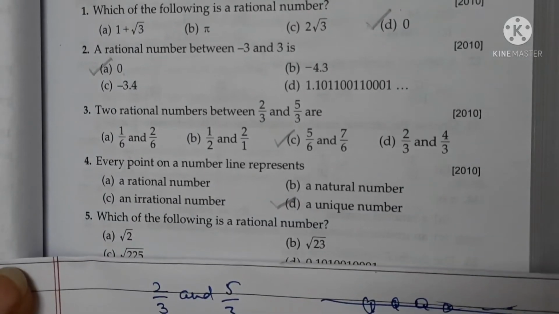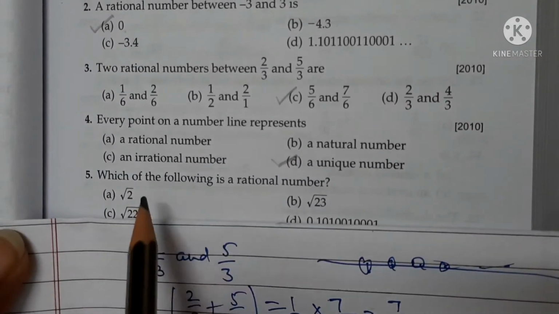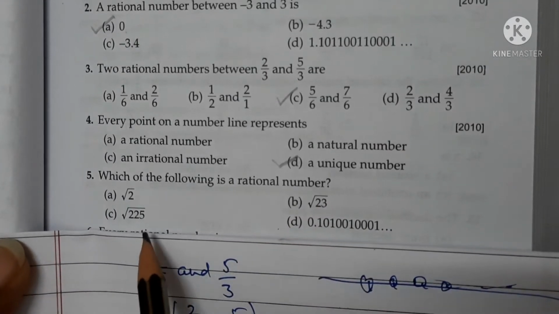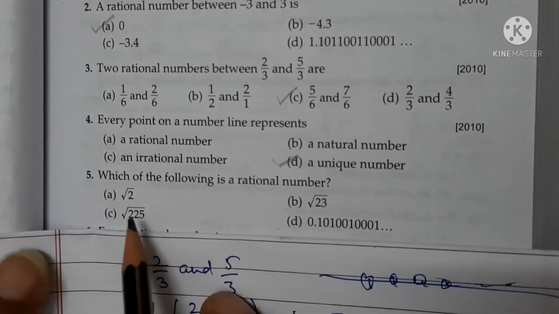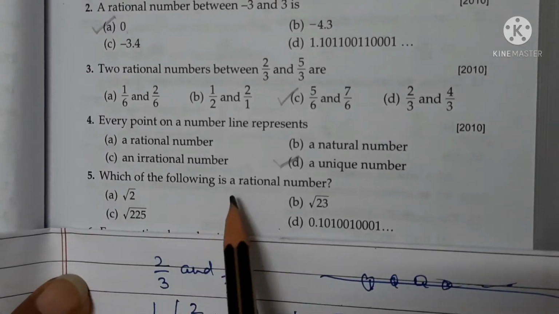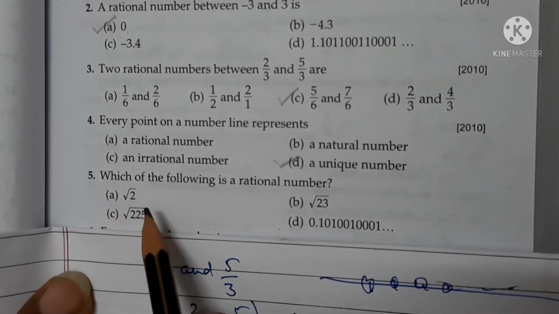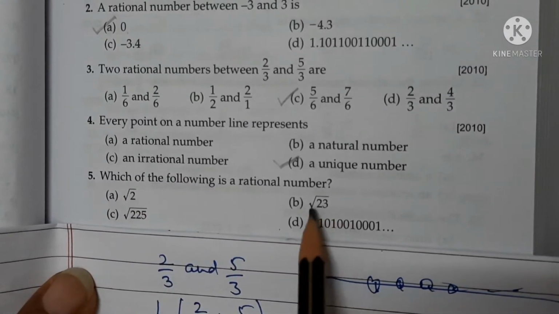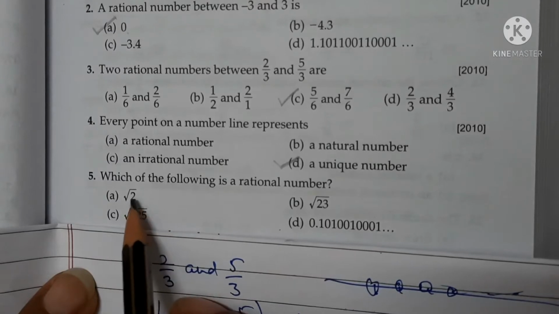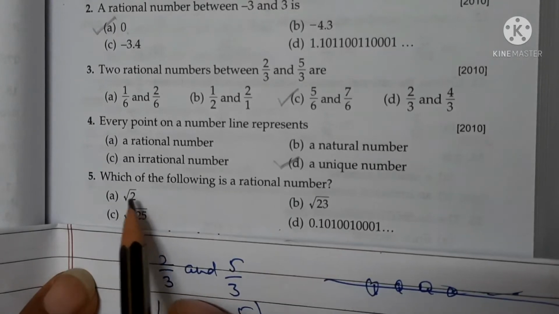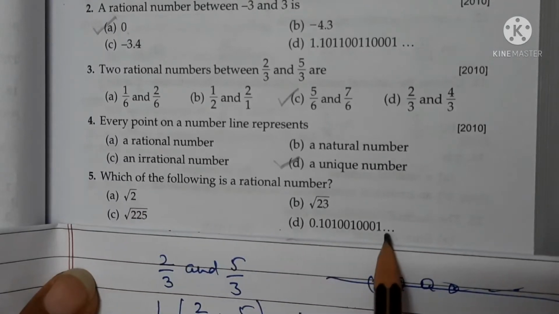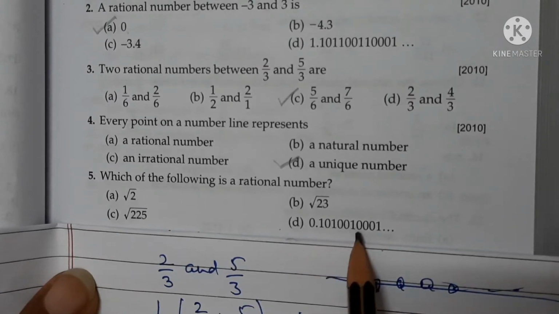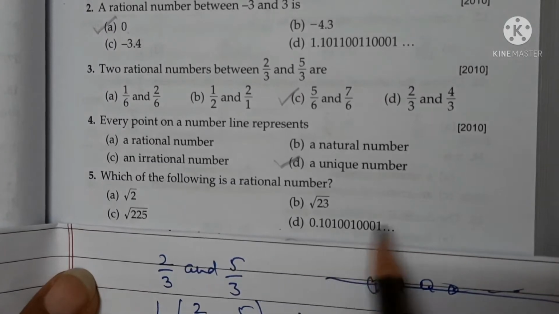Next, number 5, which of the following is a rational number? See all the options. Here we have to choose the rational number. Under root 2 is irrational, under root 23 is irrational because this is not a perfect square, this is also not a perfect square, under root 2, and this is an irrational number. 0.1010010001 and so on.